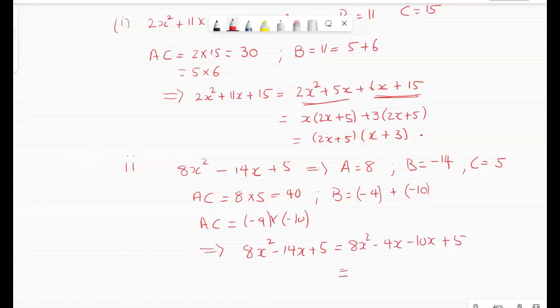And if I look at the first two terms and factor out 4x, inside the bracket I'll have 2x minus 1, and then move on to the last two terms and factor out 5.